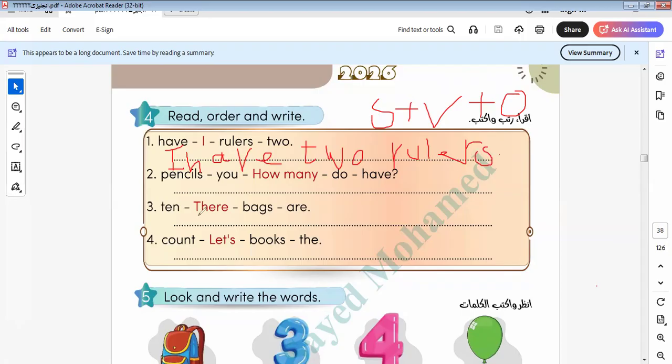First of all, how many pencils do you have?